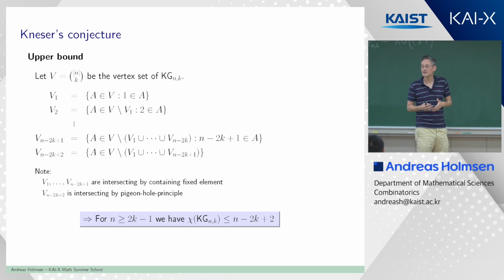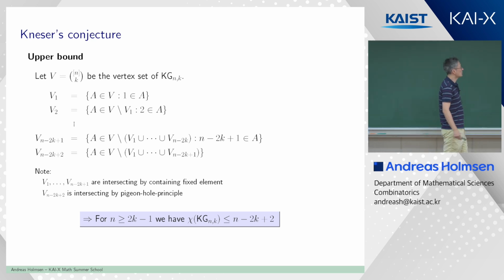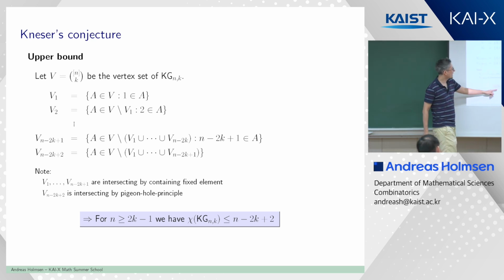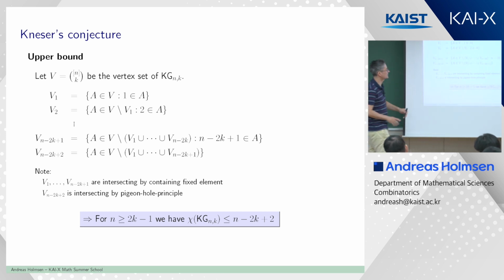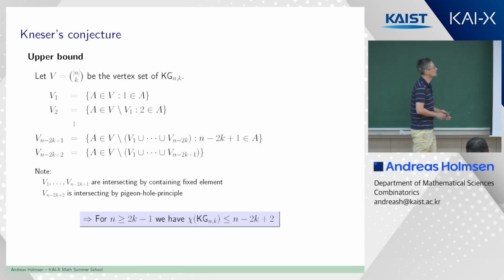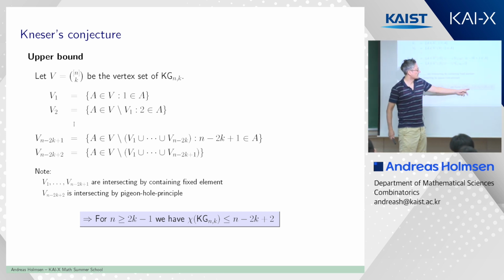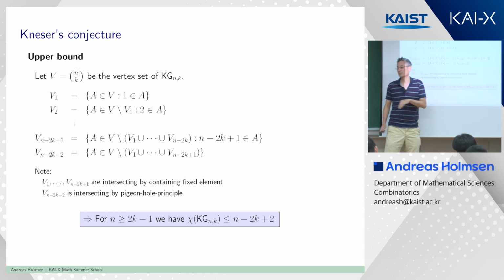And since you're taking k-tuples, they pairwise intersect. So you have one leftover color there. So this shows that for n greater or equal to 2k minus 1, the chromatic number of the Kneser graph KG(n,k) is at most n minus 2k plus 2.